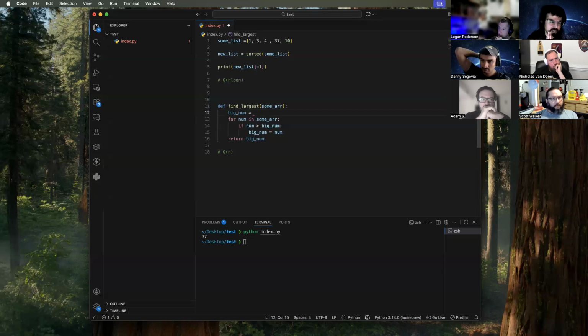But it can be dynamic. So you can just use the very first one, index 0 of the list. Why? It's the first in the array. Let's just set it there to start off with, and then it will compare every single one after that.